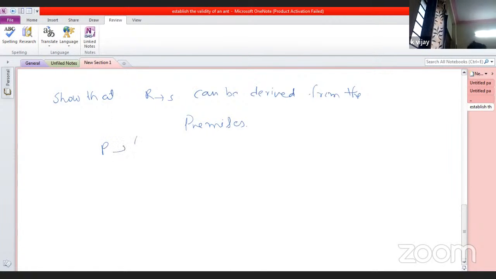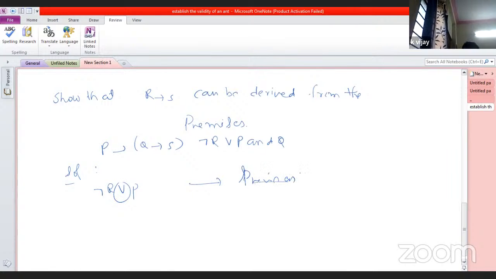I'm writing P implies Q implies S, negation of R or P, and Q. This is the one part given in the problem. I'm writing here the negation of R or P. This is called a premise. We can take that this is a premise.